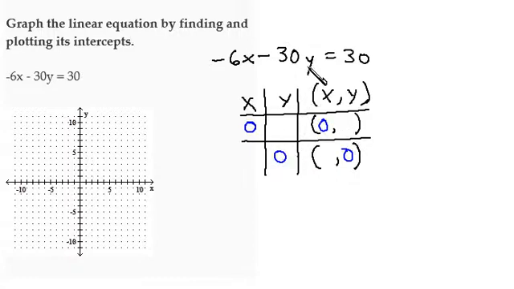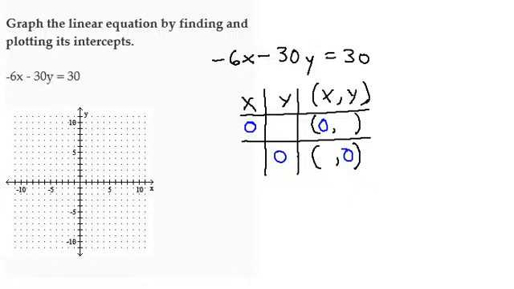When we put a 0 in for y and solve for x, then it'll fill in this missing component for x and complete this ordered pair with the correct x value that corresponds to a y of 0.